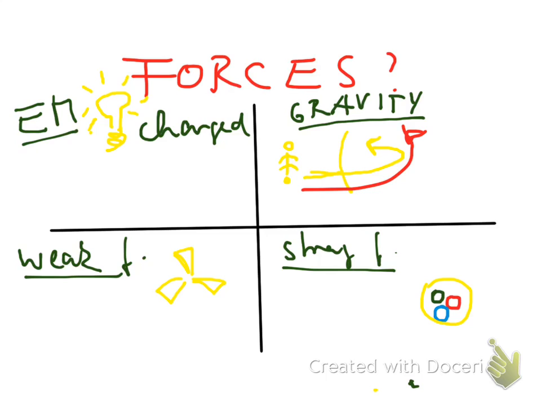As the name says, the weak force happens comparably slowly, weakly. Weakly, I think, is a good word for that. And then there's the strong force, which basically keeps the quarks together so that they form protons and neutrons and all other kinds of particles that you can build up from these quarks.